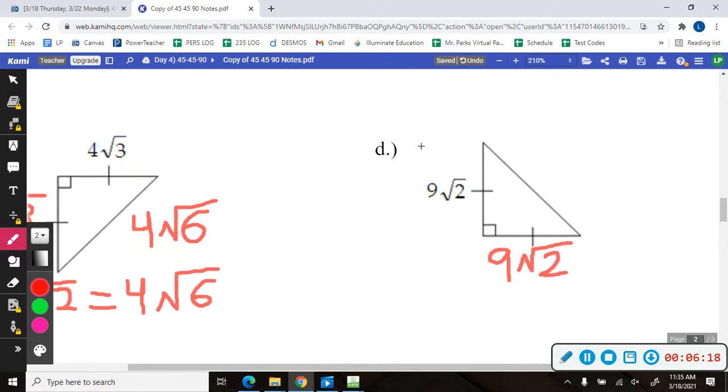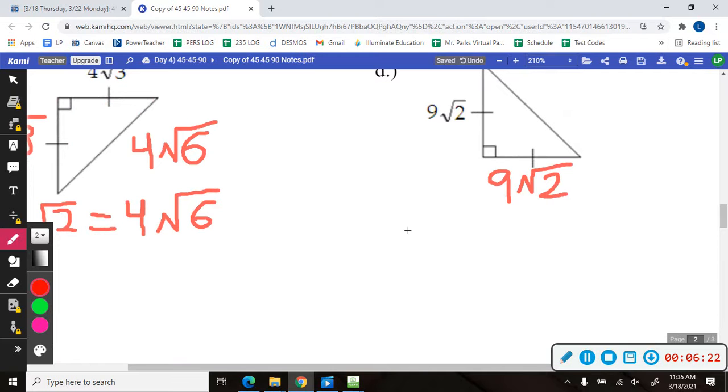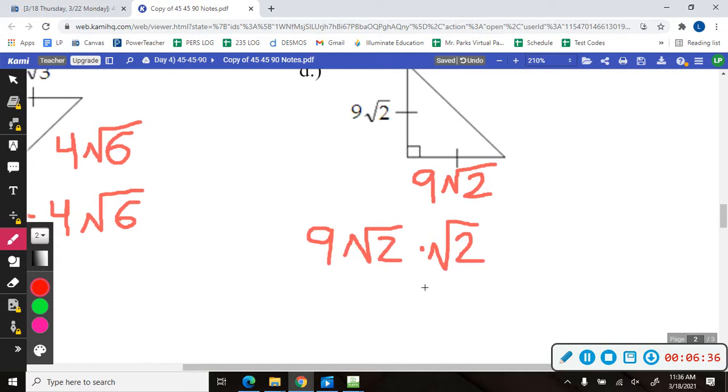So I need to take 9 square root of 2 times square root of 2. When I'm multiplying these, it'd be 9 times 1. 2 times 2 is 4. So I get 9 square root of 4.